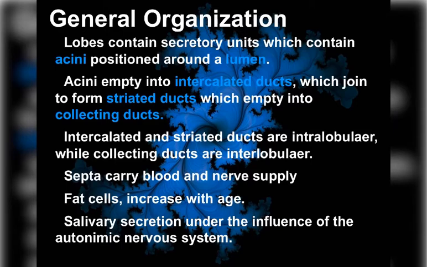Fat cells increase with age at the expense of the parenchyma. If it were at the expense of the stroma, there would not be much problem. But here, the increase of fat cells with age is at the expense of the parenchyma. And we know the parenchyma is the secretory part of the salivary gland.